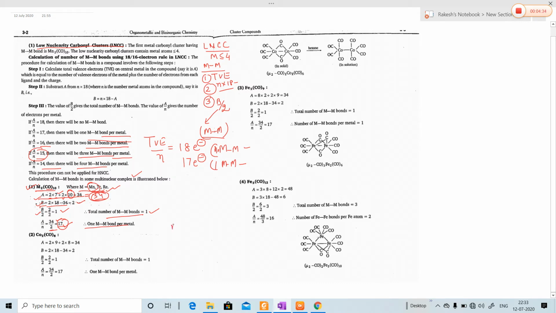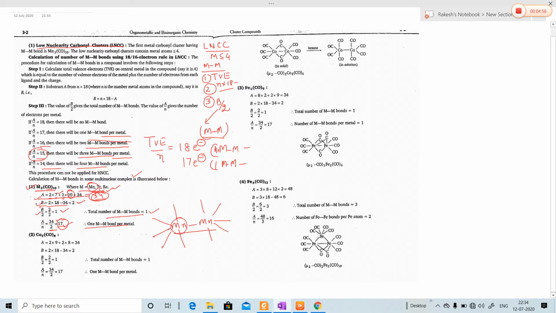Now we can draw the structure of this compound. There are two manganese, there is the presence of one metal-metal bond, and each manganese will have 5 terminal carbonyl molecules, and each manganese will follow the 18 electron rule.